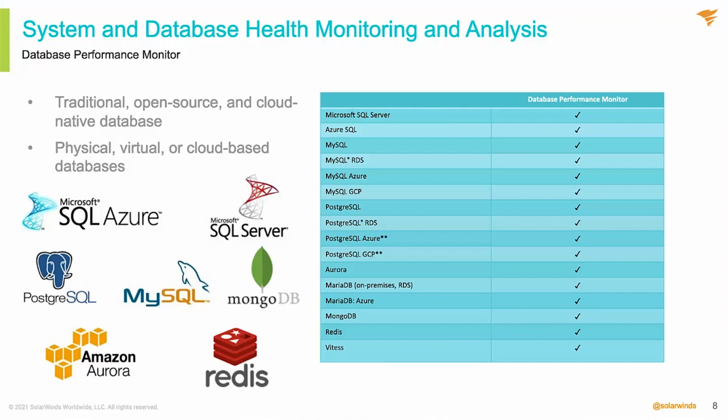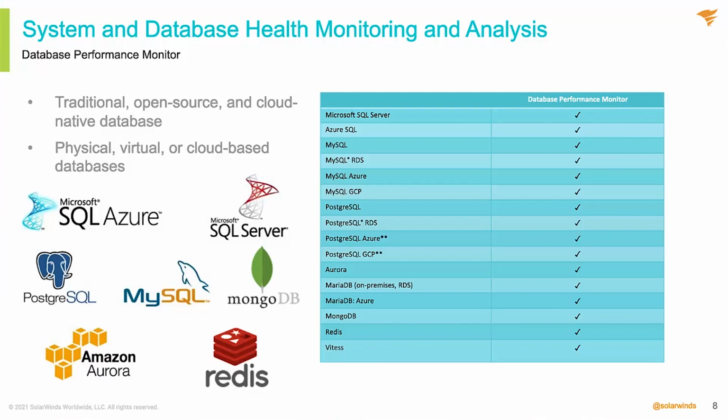I've thrown out some database names. Obviously, it can handle traditional, open source, and cloud native, physical, virtual, doesn't matter where it is. We've got everything from Azure SQL to Microsoft SQL, and then obviously the open source databases we're going to focus on today: Postgres, MySQL, Mongo. We also have Amazon Aurora and Redis.